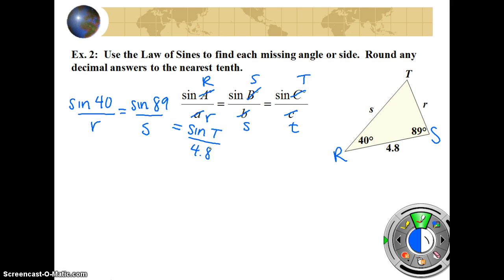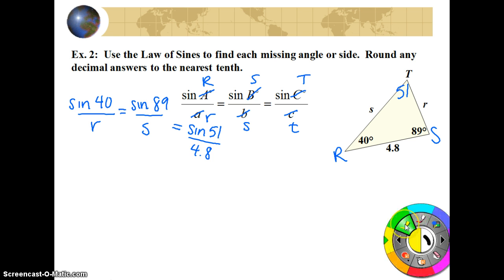So if you look right here, right now in all three of our ratios, we have missing information. We're missing side R, we're missing side S, and we're missing angle T. We can actually find angle T. All you need to do is subtract 40 and 89 from 180. And you get 51. So we can actually change this to the sine of 51.